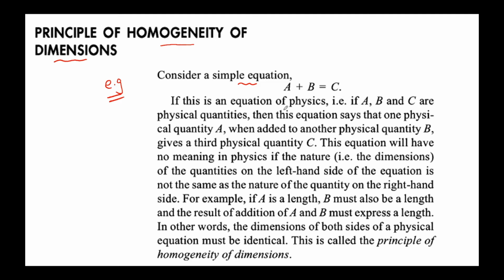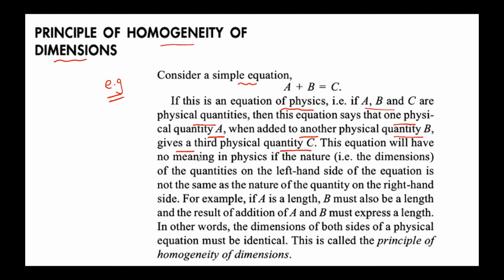If this is an equation of physics, then a, b and c are physical quantities, and this equation says that one physical quantity a, when added to another physical quantity b, gives a third physical quantity that is equal to c.